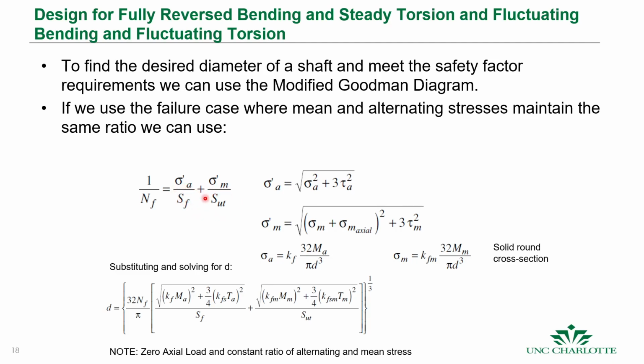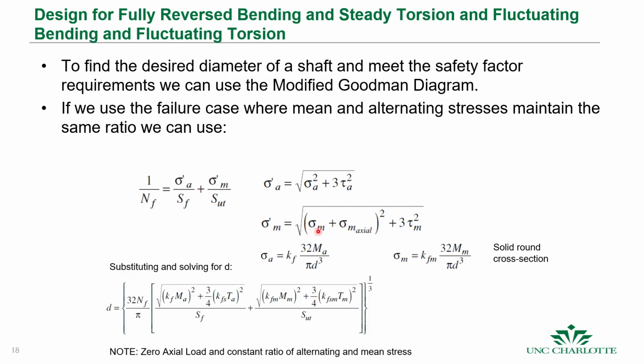And then we have our ultimate tensile strength. Then we calculate, in the case of fluctuating torque and fluctuating bending, our von Mises effective alternating stresses. We can do the same thing when we have a mean stress.